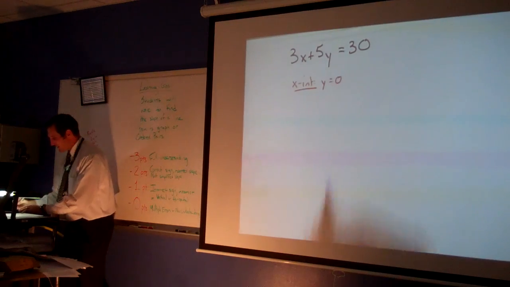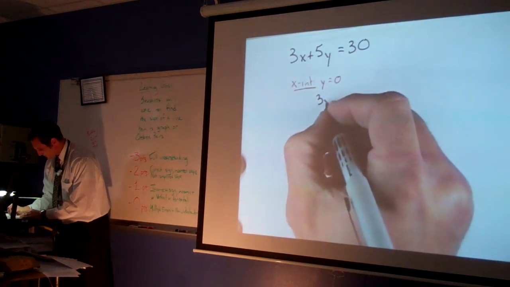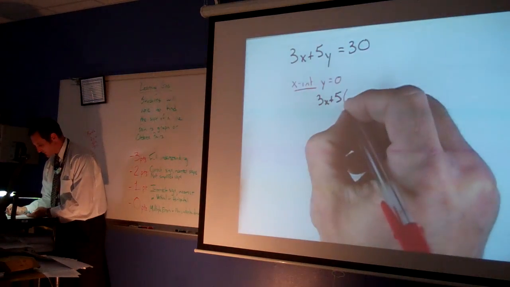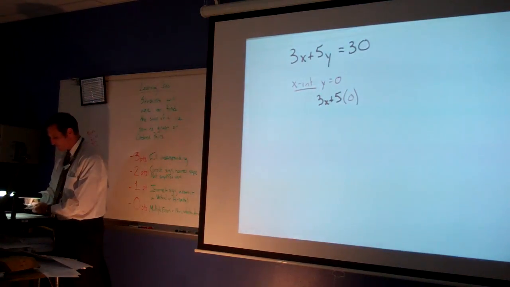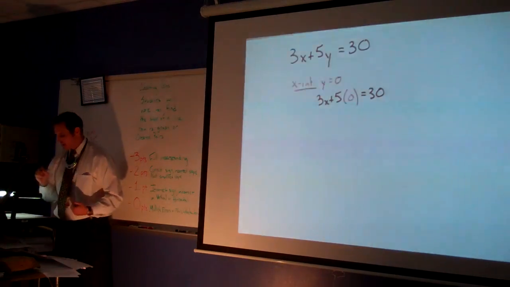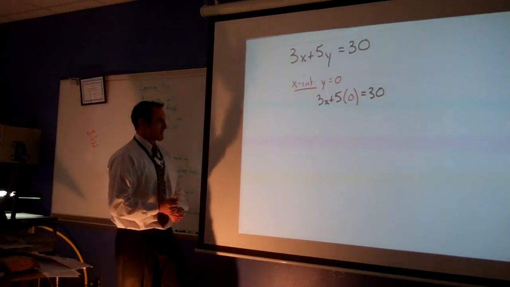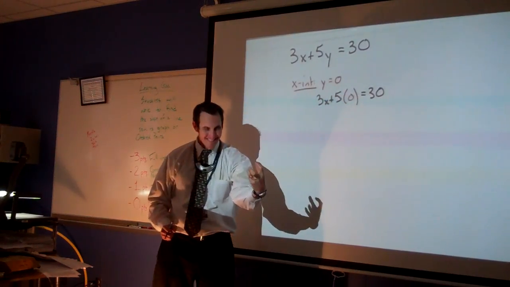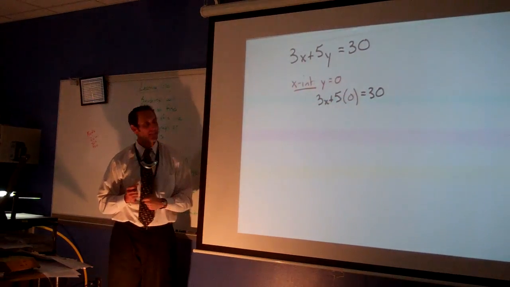So we can rewrite the equation: 3x plus 5y, but it's no longer y, it's 0 because the x-intercept is when y equals 0, equals 30. So we've substituted 0 for y because that is the concept of the x-intercept.